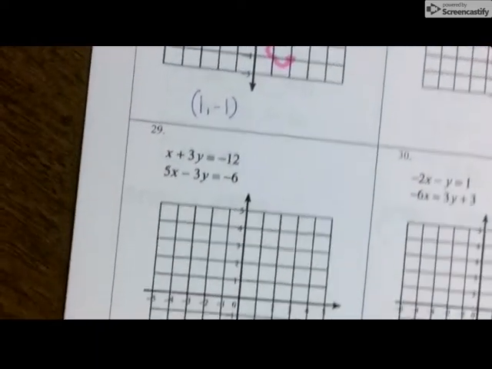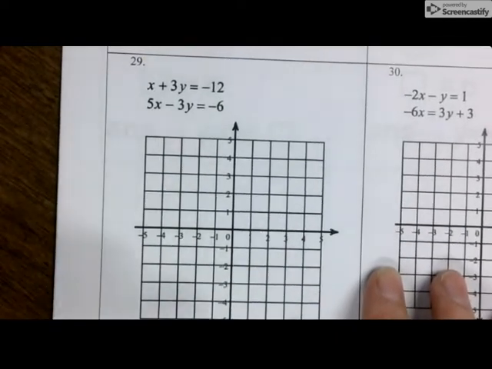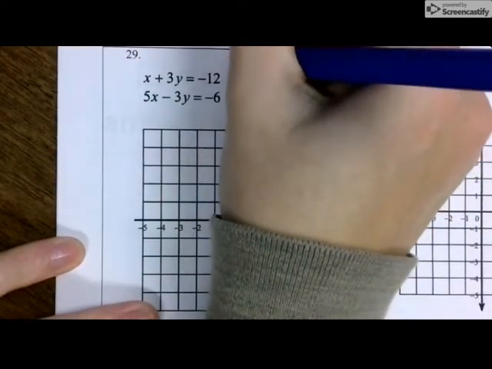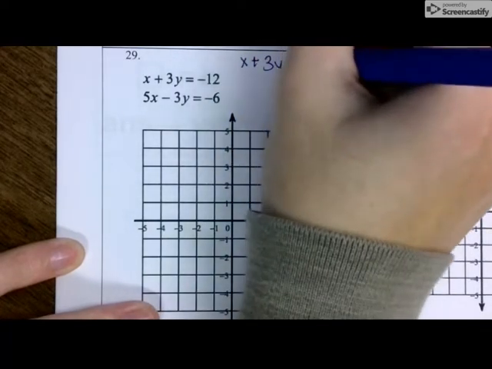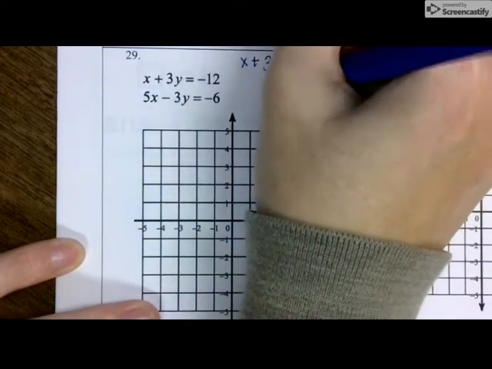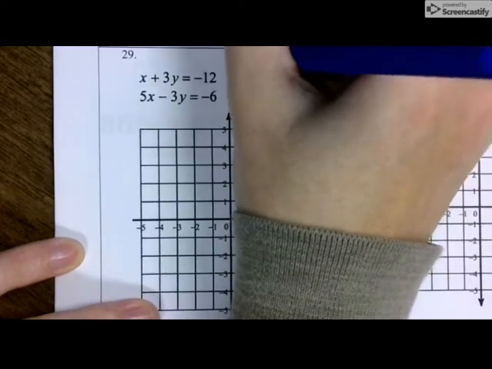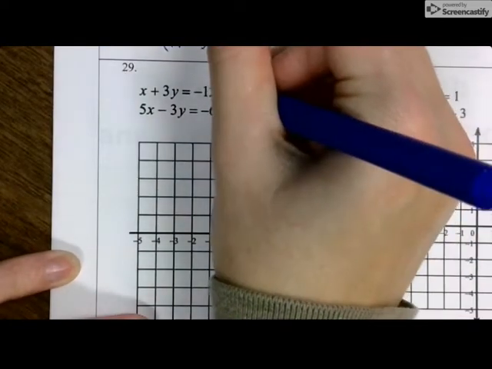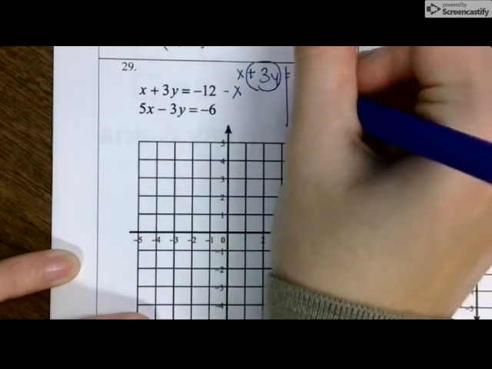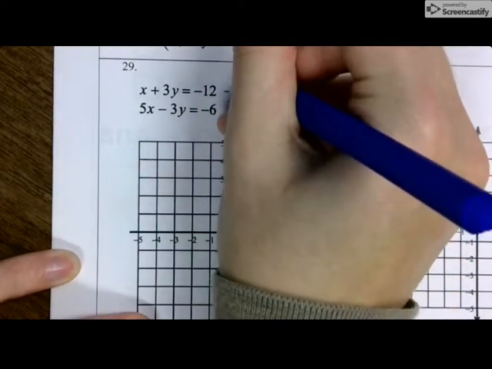For the next two, we have to do a little bit of work. So I'm going to write it here. X plus 3y equals negative 12. I first need to get y by itself. The first thing standing in my way is the x, so I need to subtract x on both sides.